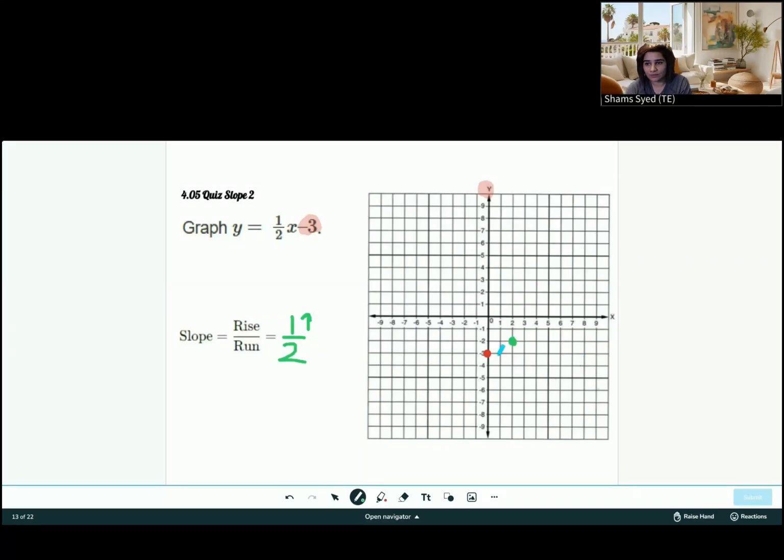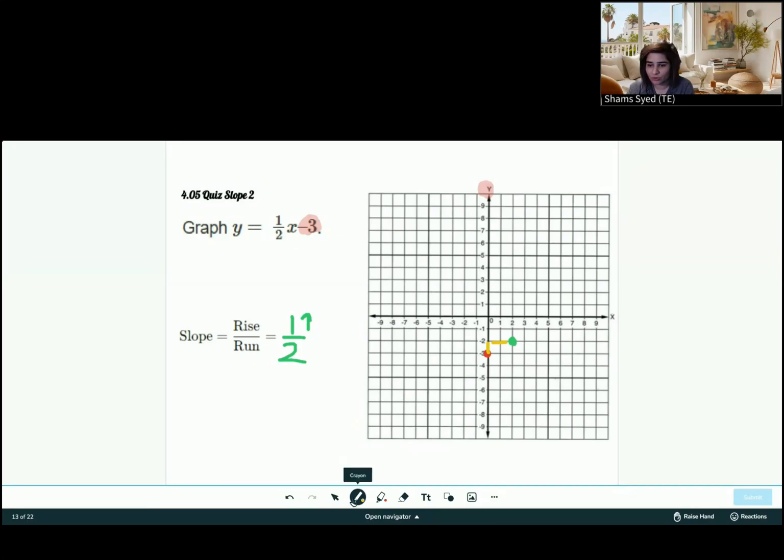Notice that? Up 1 over 2. Yaakov, dear, I just went up 1. I'm going to use the yellow color to show you I went up 1 and then over 2. That's where the point should look like.